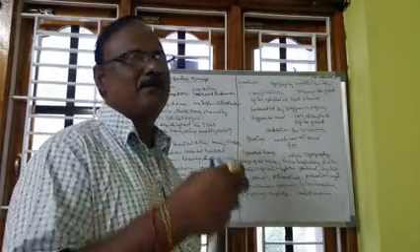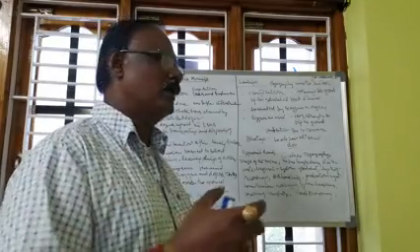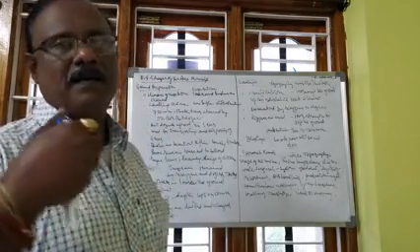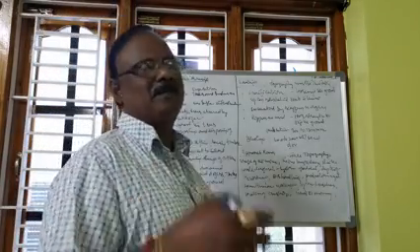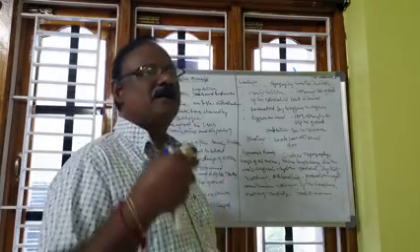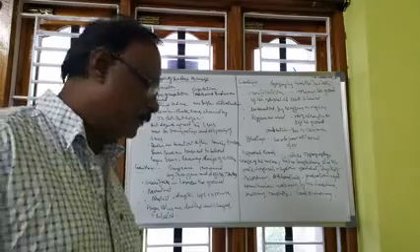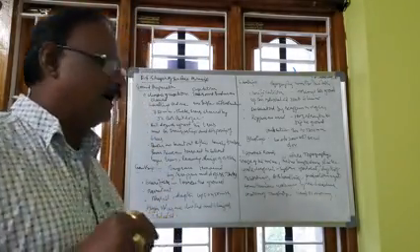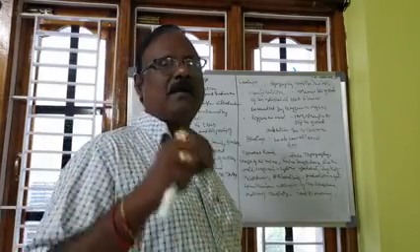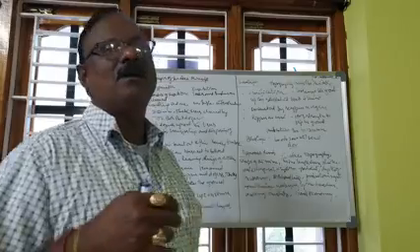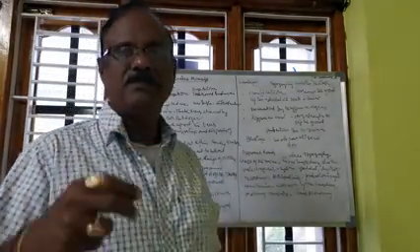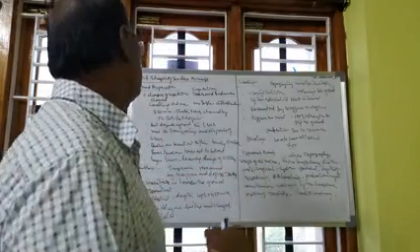So bringing back the land, maybe 10 acres, maybe 50 acres of land wasted by the mining, the same 50 acres of land is reconverted to agriculture purpose. That is called land reclamation.